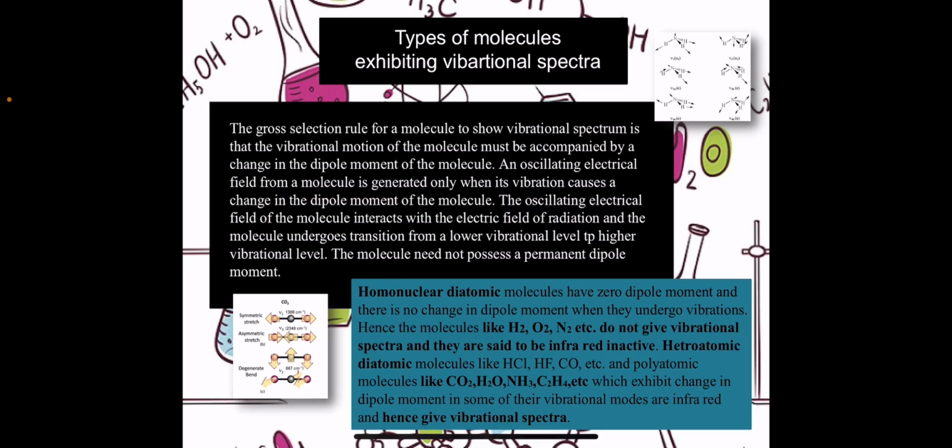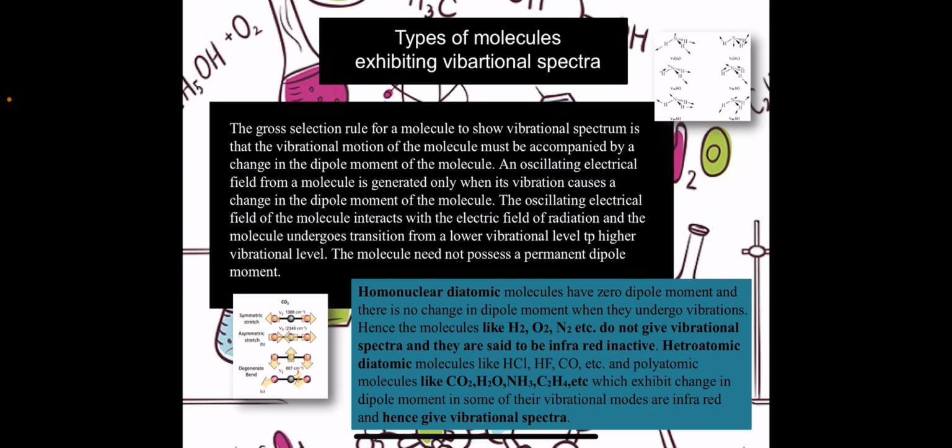Types of molecules which exhibit vibrational spectra. The gross selection rule for a molecule to show vibrational spectrum is that the vibrational motion of the molecule must be accompanied by a change in dipole moment of the molecule.